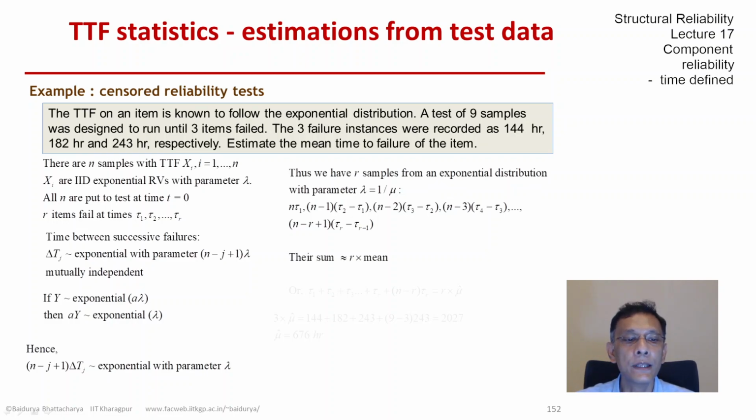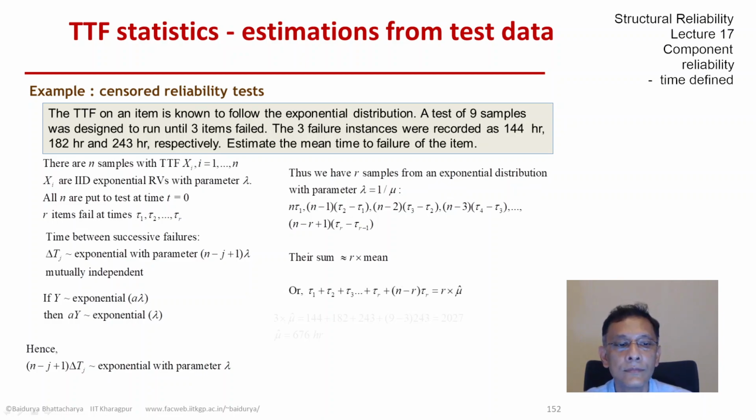So their sum will be r times the mean, and here we are going towards an estimation problem, which is a bit too simple. We are not going for method of maximum likelihood or interval estimation, as we have said, but we want to get a good answer quickly.